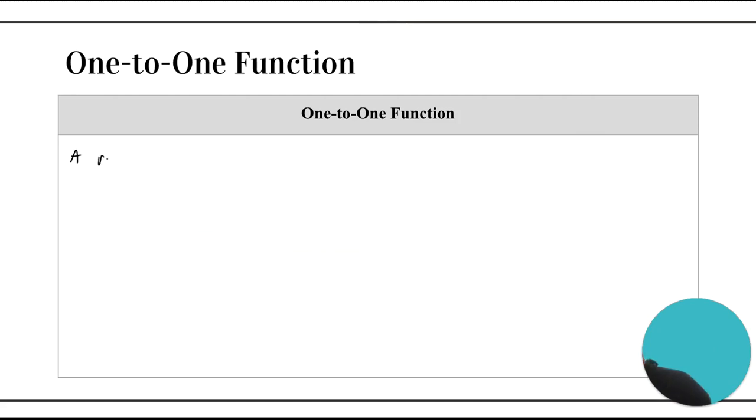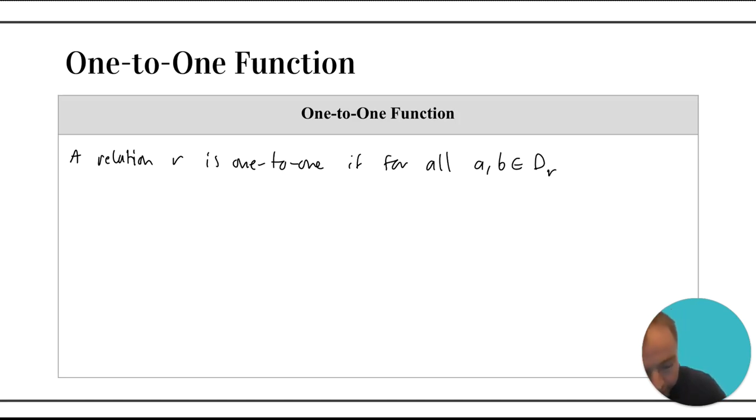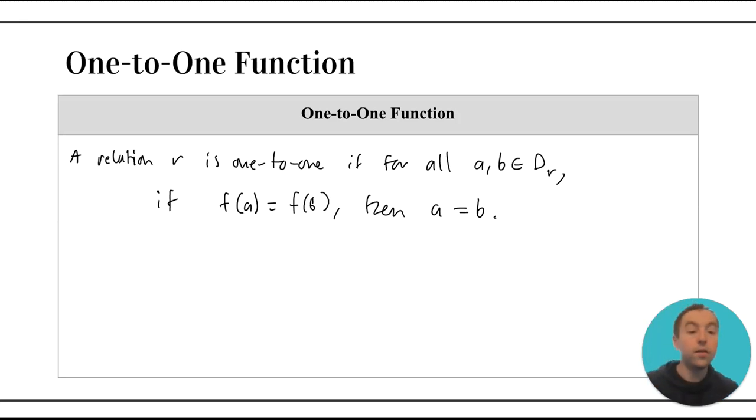So we can say that a relation doesn't necessarily have to be a function, but a relation R is going to be one-to-one if for every possible two different x numbers we could pick that belong to the domain of that relation R, if the y value at A and the y value at B are equal, then actually A and B are equal to one another and can't actually be different from each other.